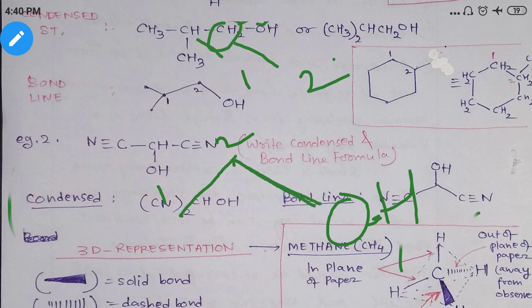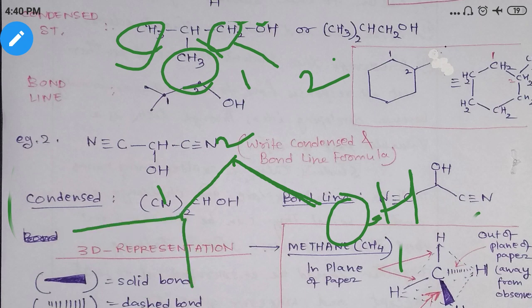This is number 1 carbon. With number 1 carbon, what is present? 2 CH3 groups are present, yes or no? With number 1 carbon, two CH3 groups are present. So how do we represent them here? With this number 1 carbon, you will write CH3, CH3. Again I have told you that this corner and this corner represent carbon. You need not write carbon.